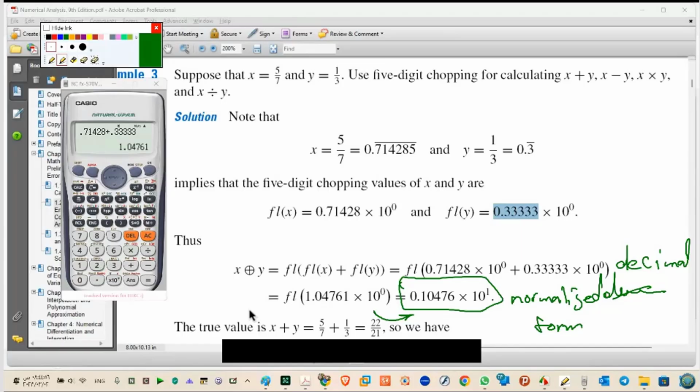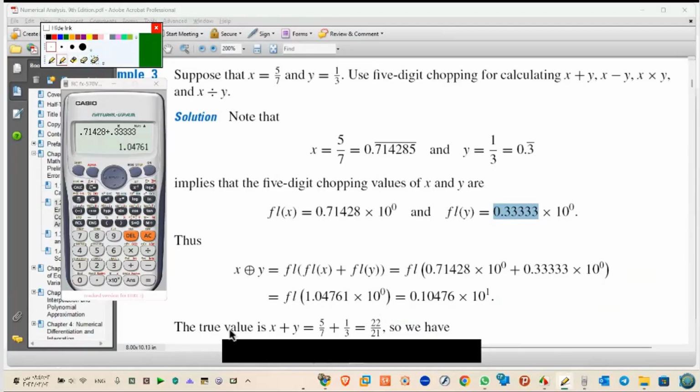Now, he asked me to find the error. The error here: this is the approximation, and the true value is 5 over 7 plus a third. How can I apply this?